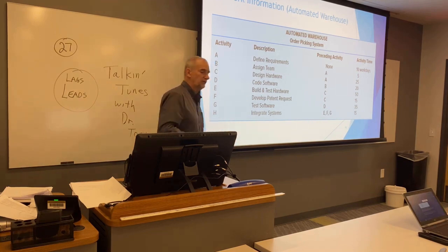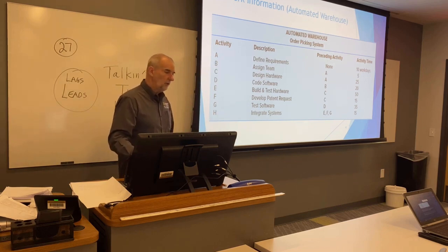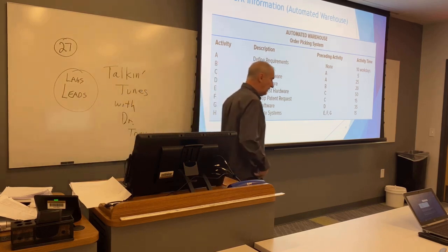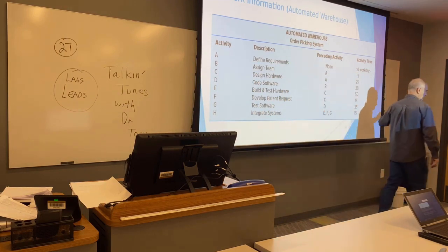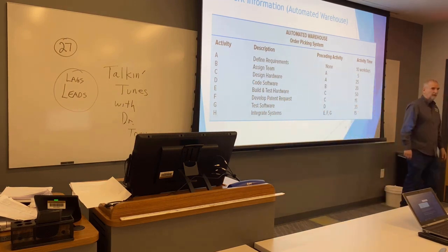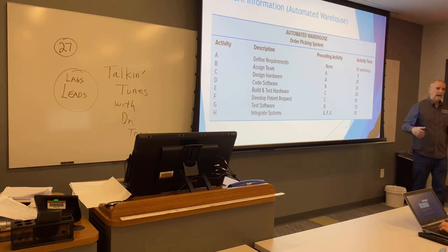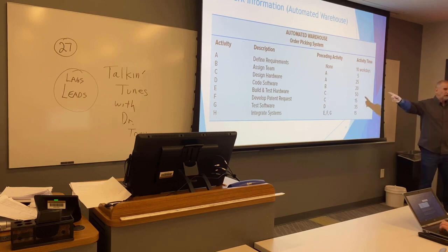Because think about this. If you went to a company and they wanted you to make a project, they're not going to give you this. They're going to say, well, go talk to DeAndre, go talk to Jackson 1, Jackson 2, and they're going to tell you what you need.